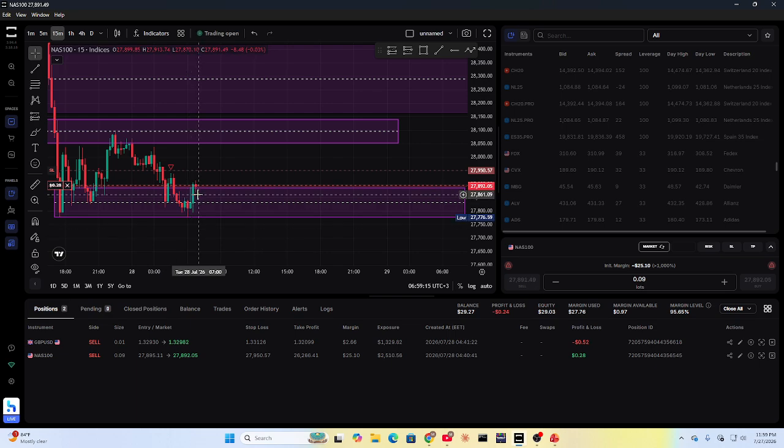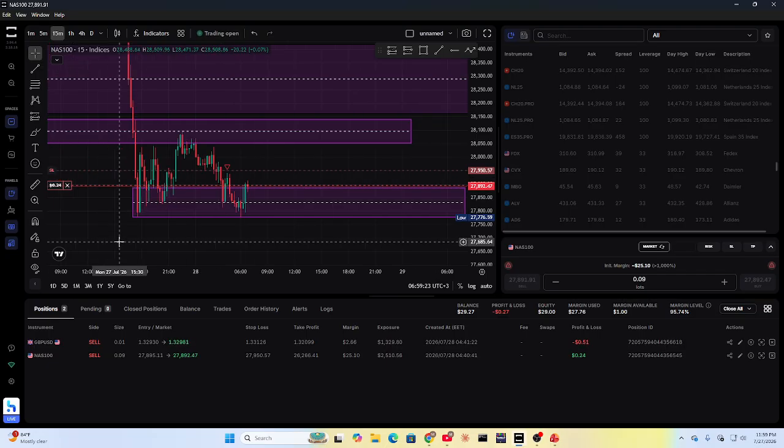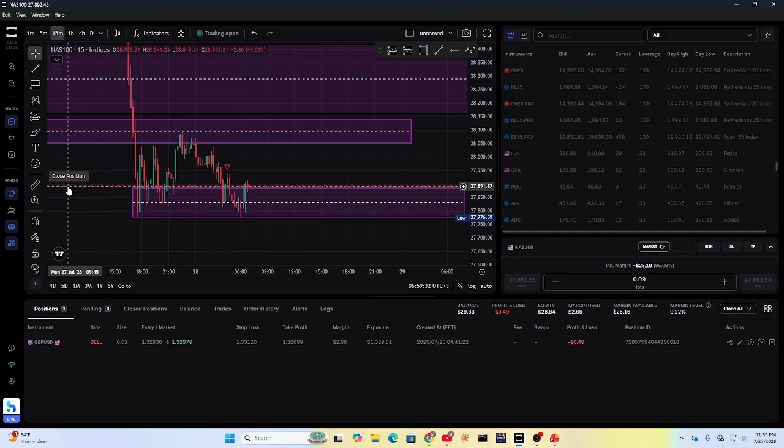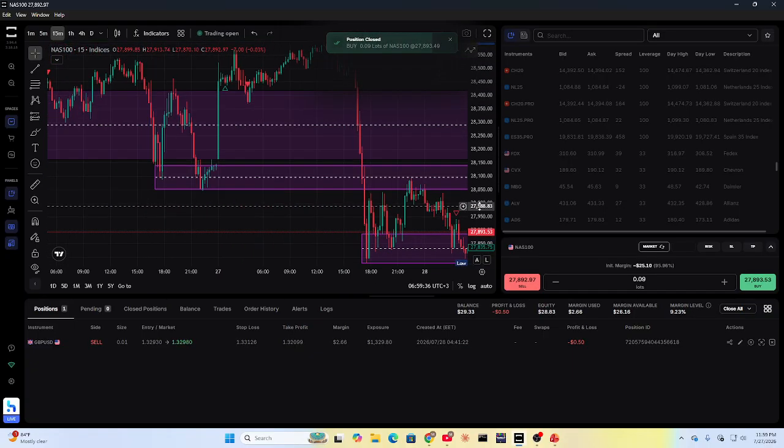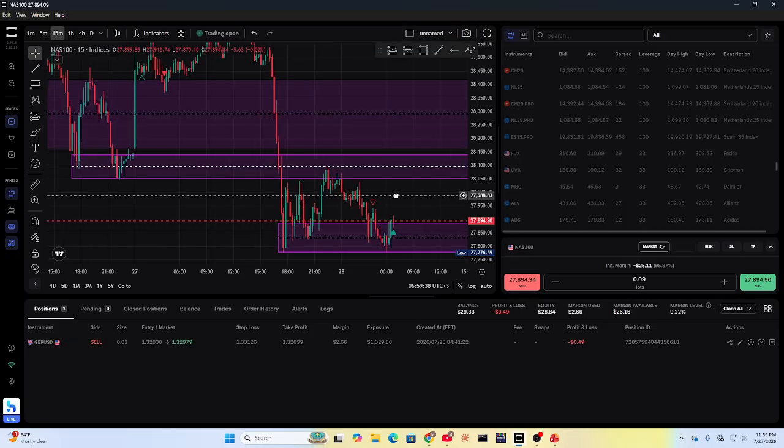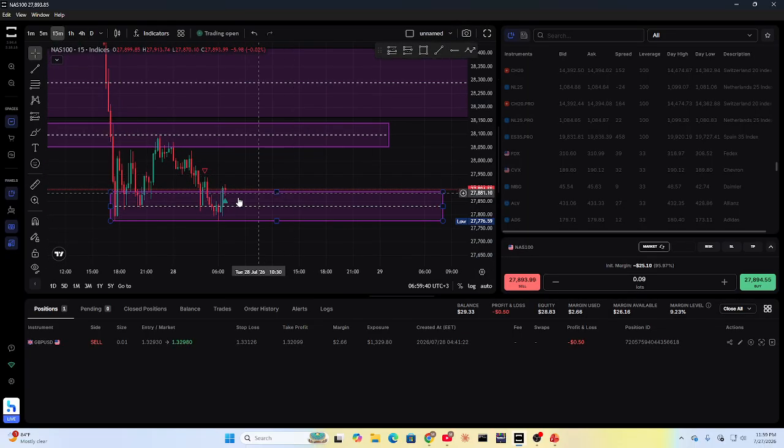We didn't break past this zone, so we might go back up and continue up. This might be a strong buy zone. So like I said, I should have waited for confirmation for it to break and then go for a sell-off. So what we're gonna do is close this one. See, we're going back up. I can take a small one. I ain't gonna take nothing crazy.